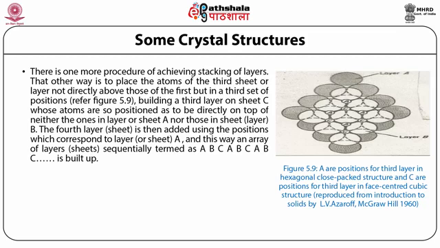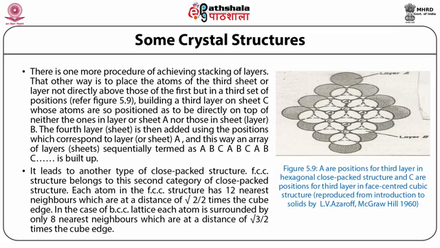That other way is to place the atoms of the third sheet or layer not directly above those of the first, but in a third set of positions, as in figure 5.9, building a third layer or sheet C whose atoms are so positioned as to be directly on top of neither the ones in layer or sheet A nor those in sheet or layer B. The fourth layer, that is the sheet, is then added using the positions which correspond to layer or sheet A, and in this way an array of layers, that is the sheets sequentially termed as A, B, C, A, B, C, A, B, C, and so on, is built up. It leads to another type of close-packed structure.